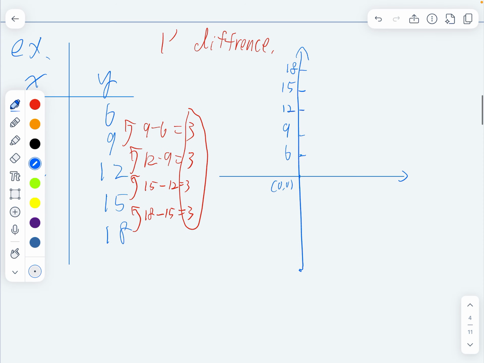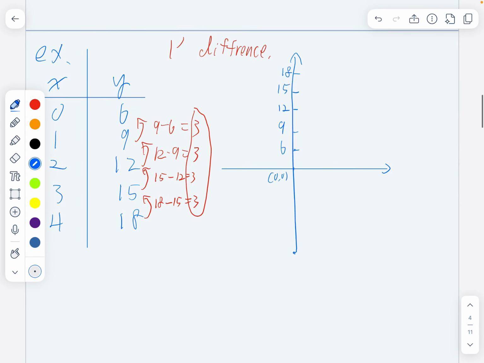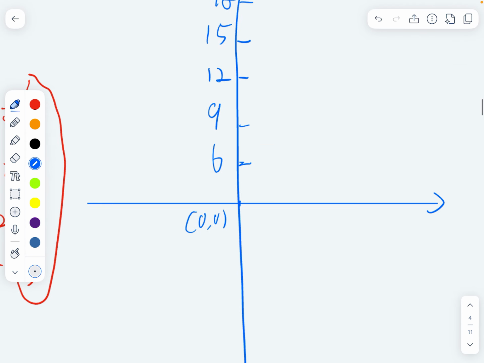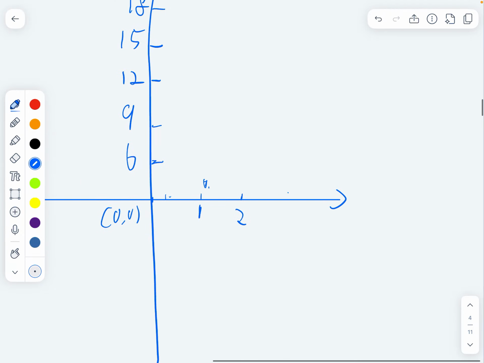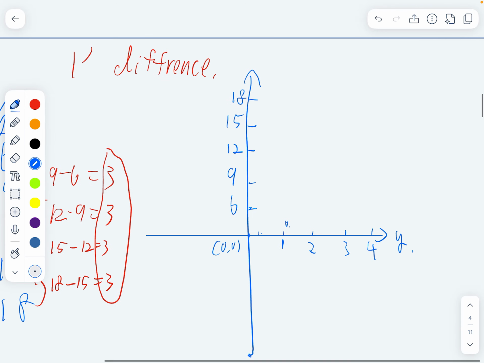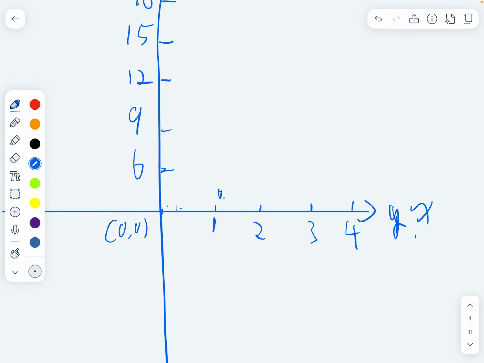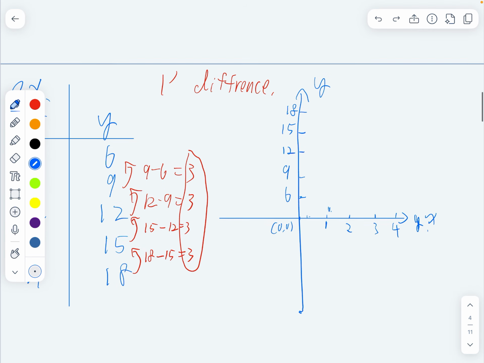And the x values are 1, 2, 3, 4. There will be x and there will be y. It doesn't matter if the scales are different. The important thing is to just draw the line.